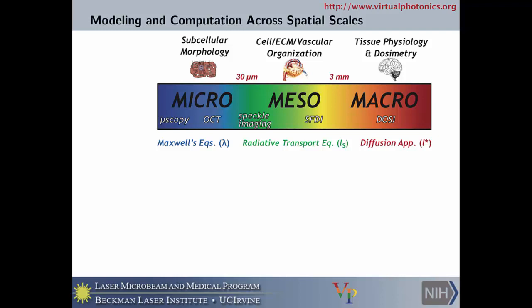Typically, in those techniques, you're interrogating volumes of tissue that are tens of cubic millimeters. And the light that you're detecting has certainly undergone sufficient interaction with the volume such that the diffusion approximation may provide a sufficient framework in which to interpret your data.